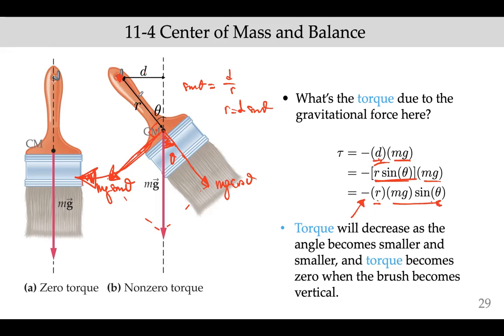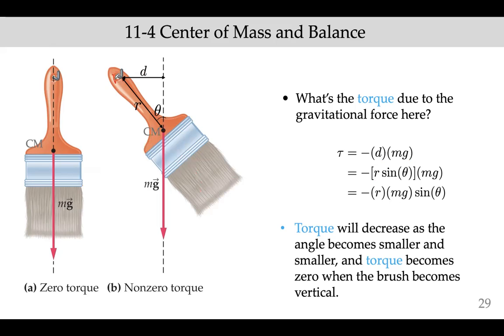As the brush comes down like this, maybe like this, that angle will be smaller and smaller, until when the brush becomes completely vertical, the angle goes to zero. So as the position changes, the torque also changes because it depends on the angle. The torque will decrease as the angle becomes smaller, and torque becomes zero when the brush becomes vertical. So that's this case.